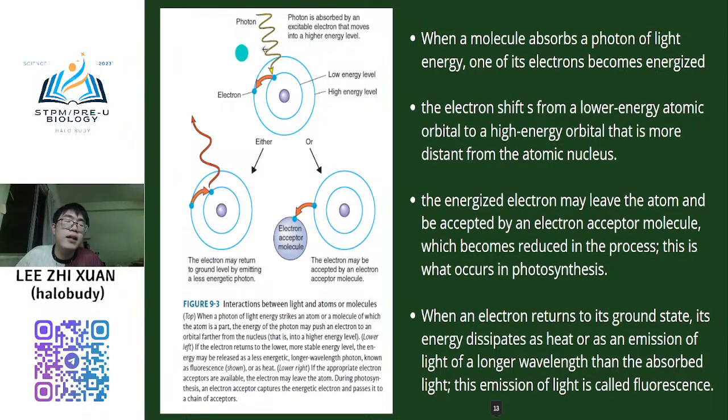As I mentioned before in chemistry, when a photon is absorbed, you know the photon is the light energy, which goes into the electron. When the electron absorbs the energy, it will become an excited state.